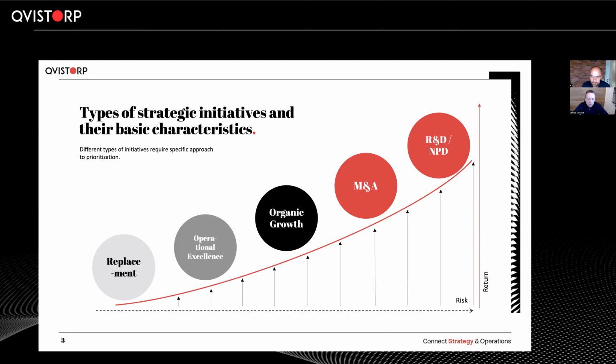Of course, this is a very simplified example, and it may be called differently and maybe not fully relevant to every industry, but this is just to show you that one of the ways to classify different initiatives in your portfolio, which is very important, is to look at them through a risk and return perspective.